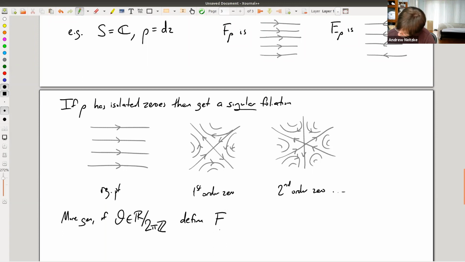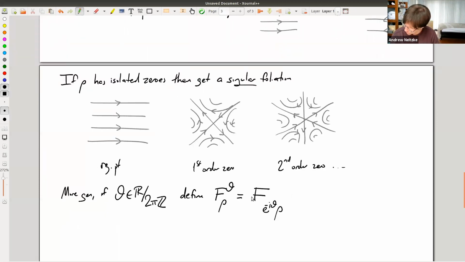I take my one form, and the foliation F rho theta will be F not for the one form rho, but for e to the i theta rho. A holomorphic one form naturally gives you a circle's worth of foliations.